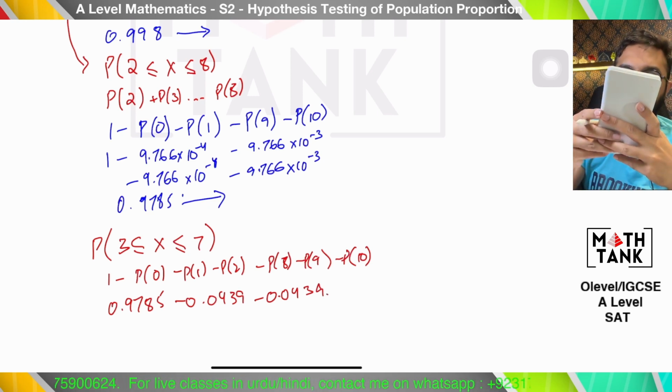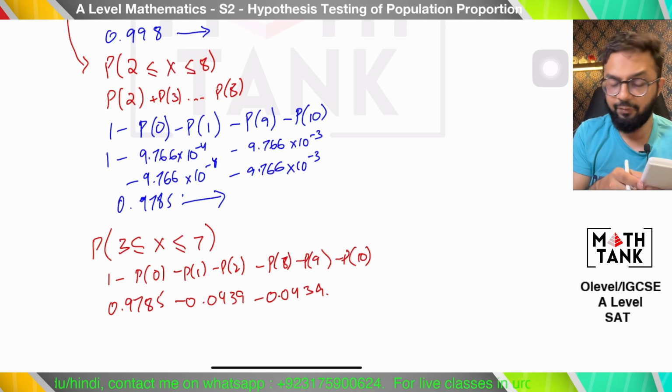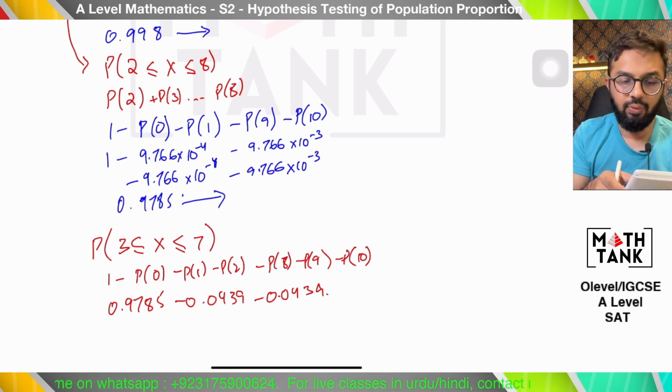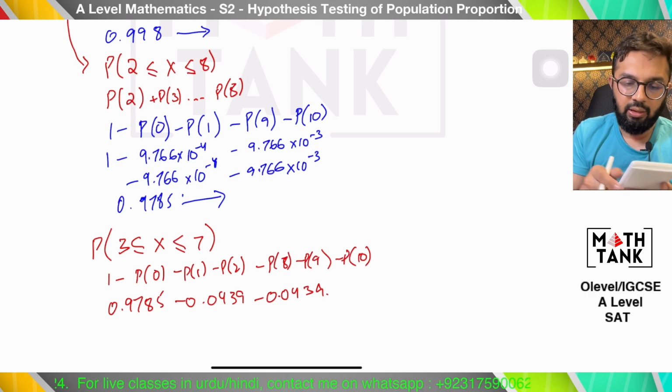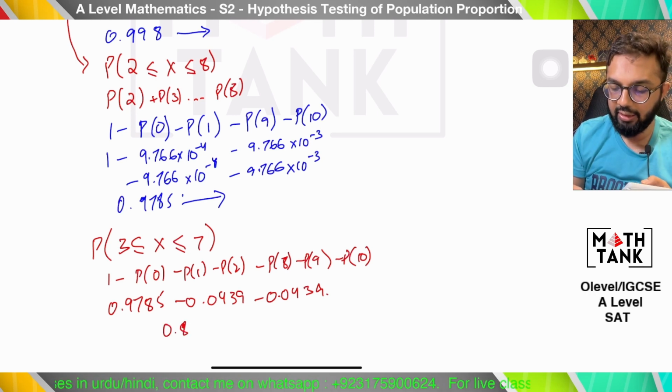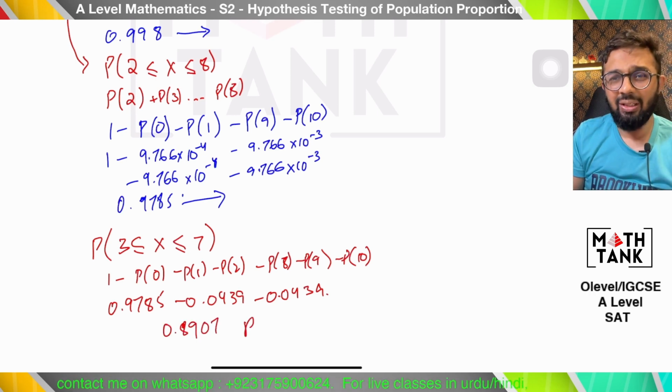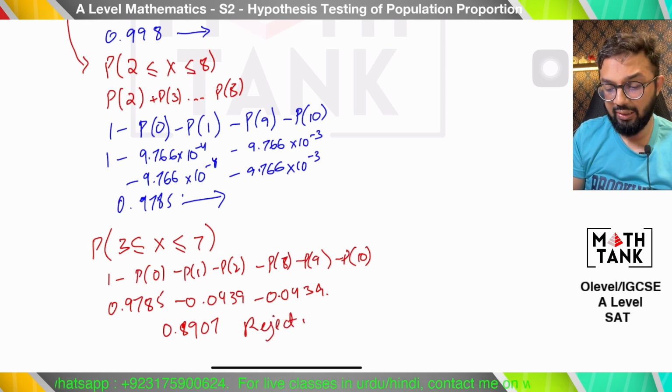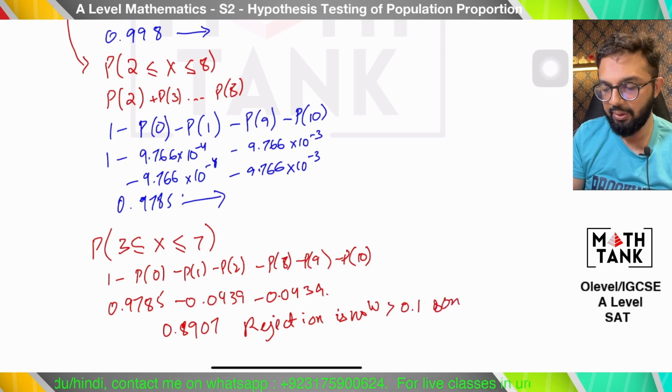Let's see if we go outside that 0.1 limit I set for myself. 0.9785 minus 0.0439 minus 0.0439 gives 0.8907. That means that my rejection region is now greater than 0.1, so not possible.